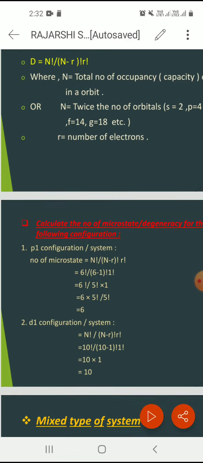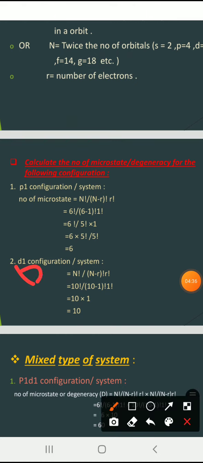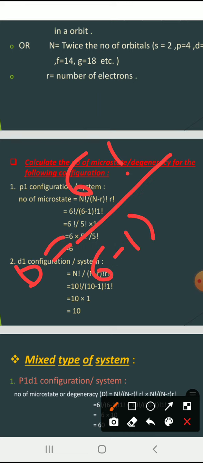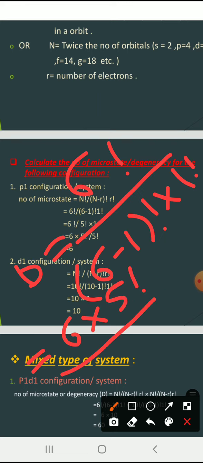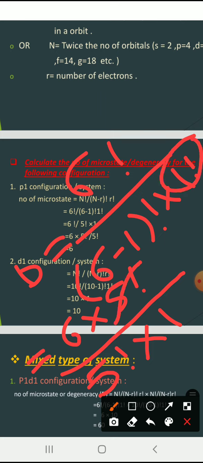Therefore, D is equal to 6 factorial divided by (6 minus 1) whole factorial into 1 factorial, which is 6 into 5 factorial divided by 5 factorial into 1, because we know that 1 factorial is equal to 1. Therefore the 5 factorials cancel, and the number of microstates for the p1 system is 6.